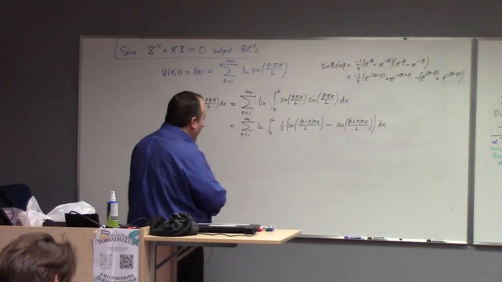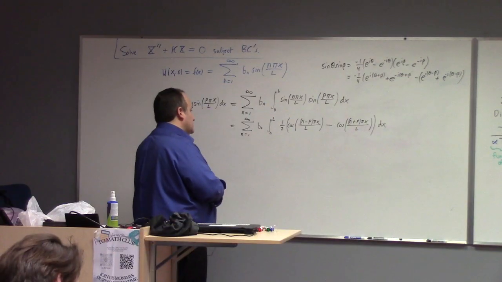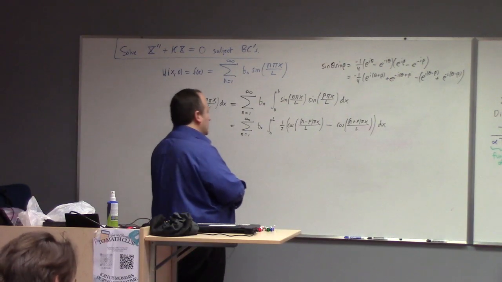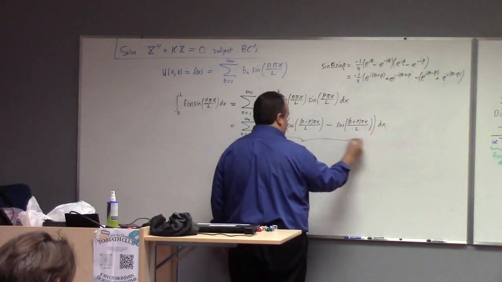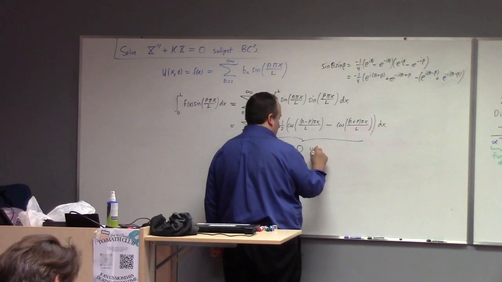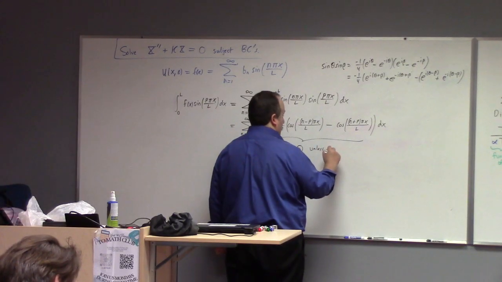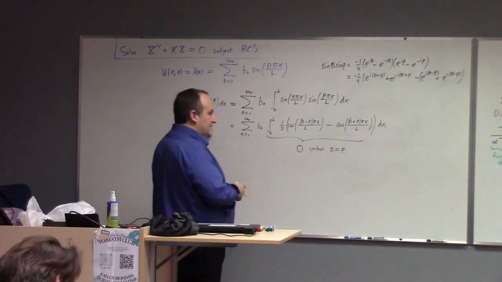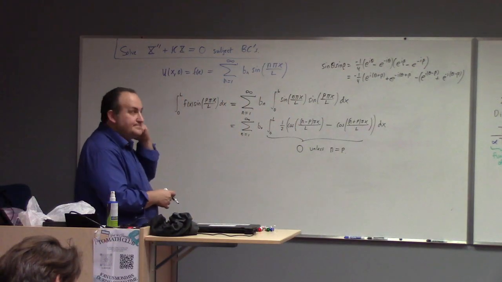And in a nutshell, this is 0 unless n is equal to p. In which case, if n is equal to p, what happens?